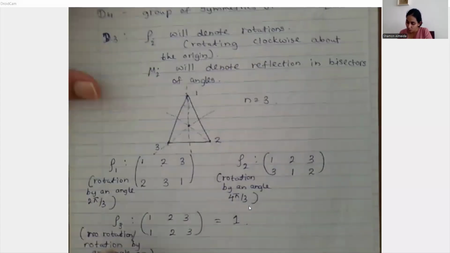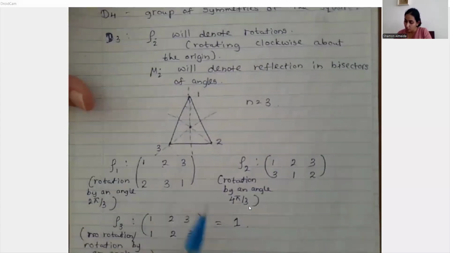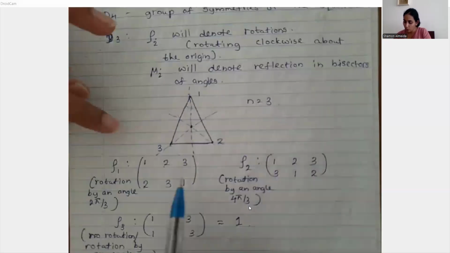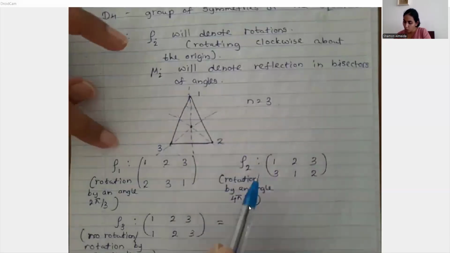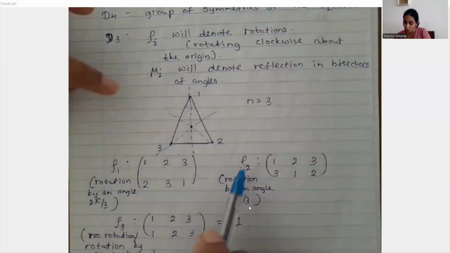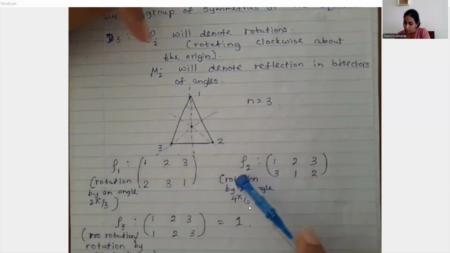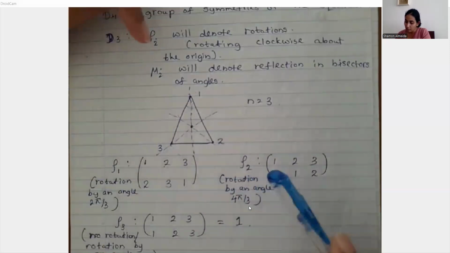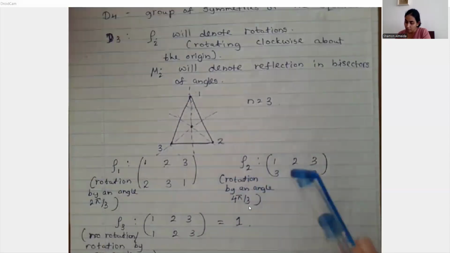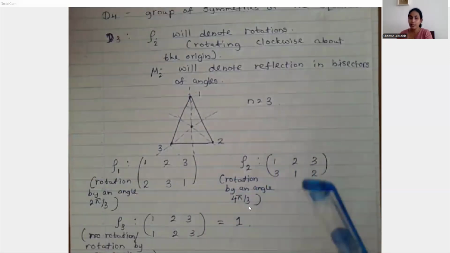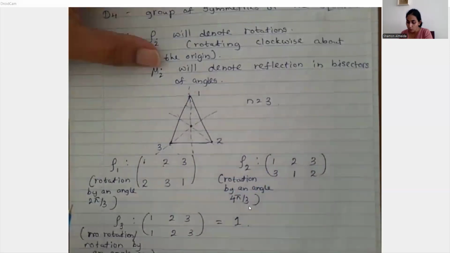If we look at this one, right? And if you compare rho 1 and rho 2, how do we get to rho 2 from rho 1? Now, rho 2 is the rotation, or the symmetry, that you get if you rotate by an angle of 4 pi over 3, which would be 2 times 2 pi over 3 about the origin.